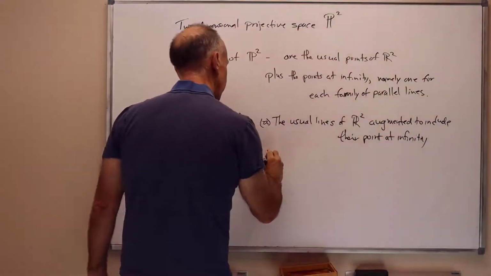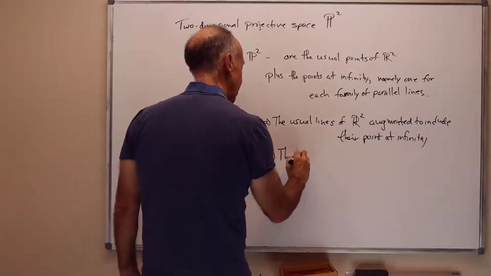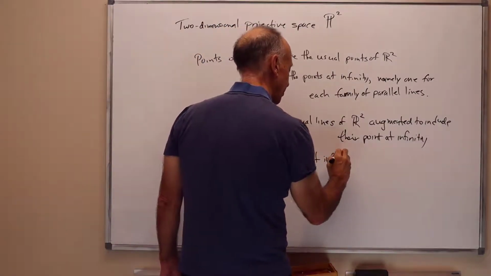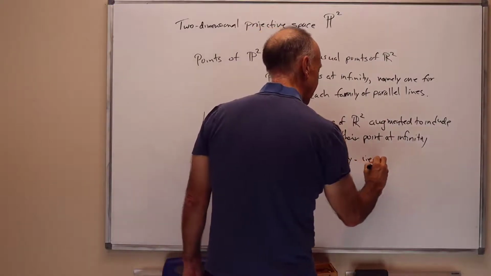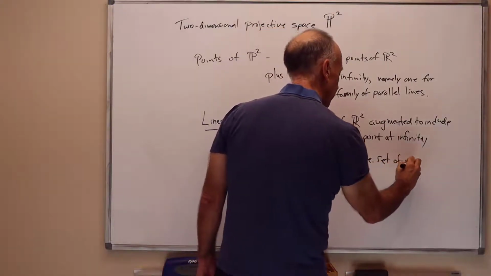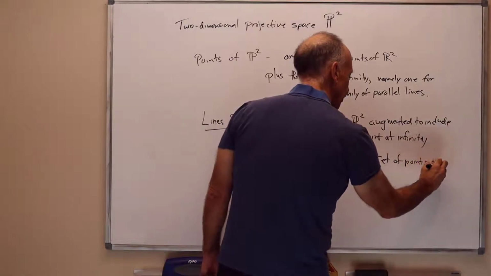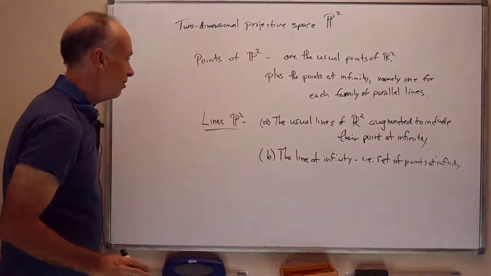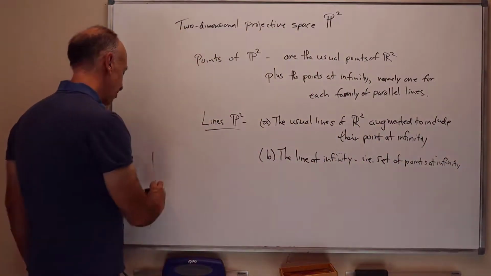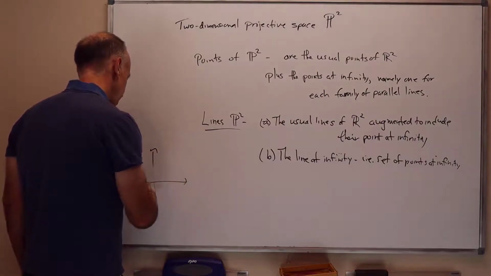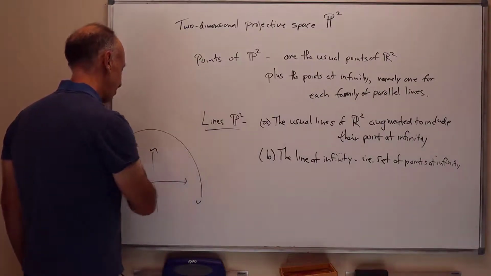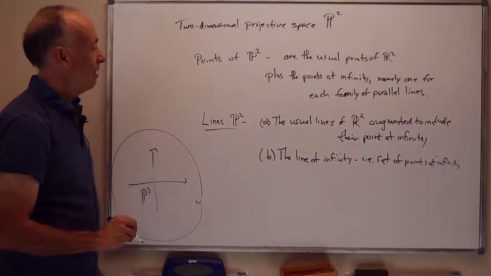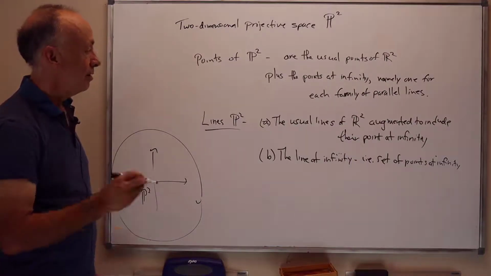And then plus, there is the line at infinity, whose members are the set of points at infinity. So P2 looks very much like R2, but we've added on somehow, I'll put a little circle here, all the points out at infinity. So that's what projective space is in 2 dimensions.